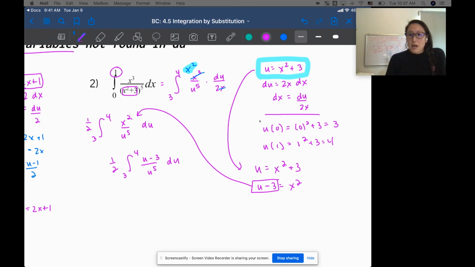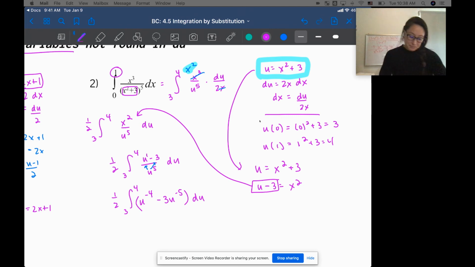Now I have a monomial on the bottom and a binomial on the top of the equation, so I'm going to divide it into both terms. So I get 1/2 times the integral from 3 to 4 of u to the 1 power minus 5, which is u to the negative 4, minus 3u to the negative 5 du.